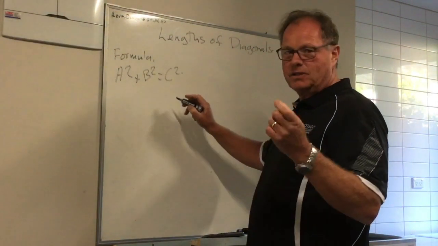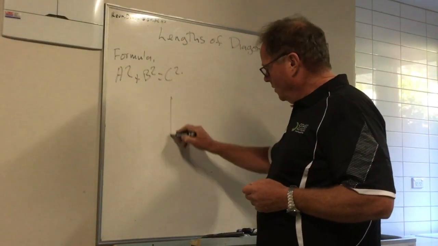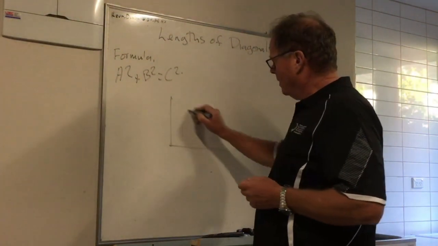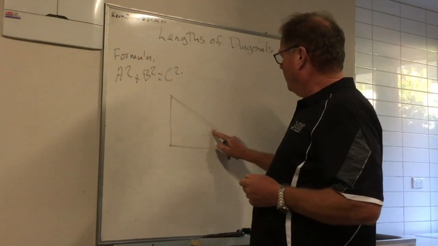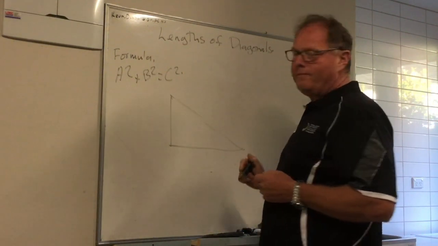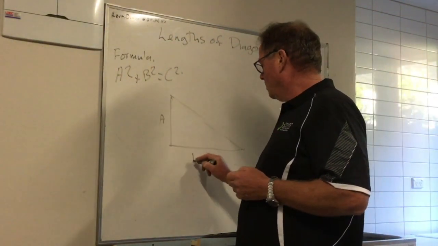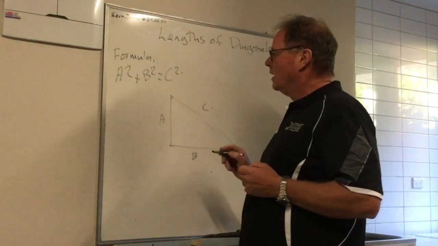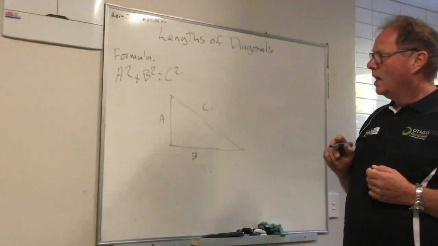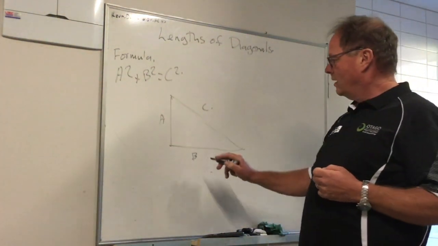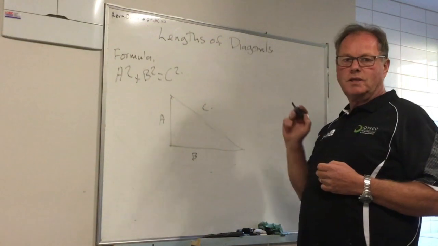So we have to unpackage that a bit first. So here's the triangle here, right, and then we've got side A, side B and side C. So that's where Pythagoras came in and said a squared plus b squared equals c squared.